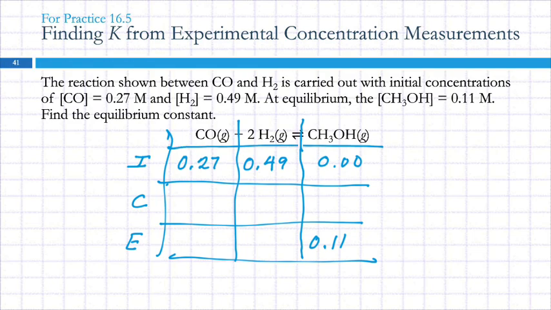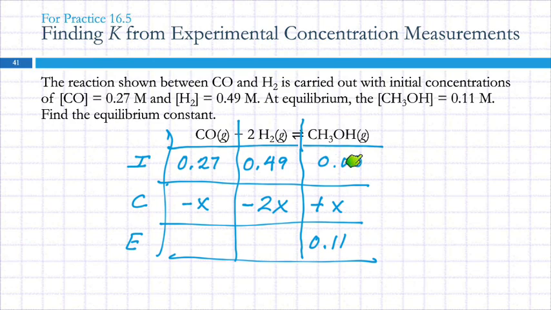It's going to decrease by X. This product is going to increase by X. And what about this guy? Minus 2X. Half right. Because it's a reactant, it's going to decrease.